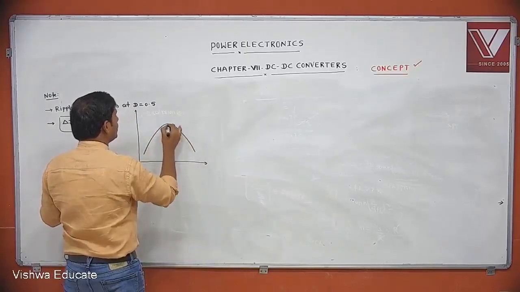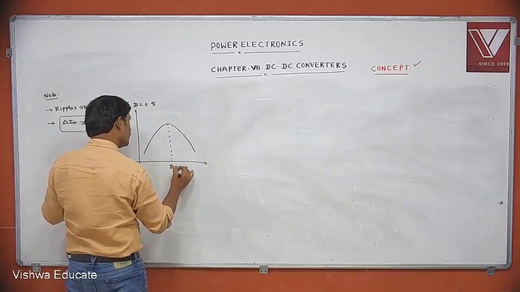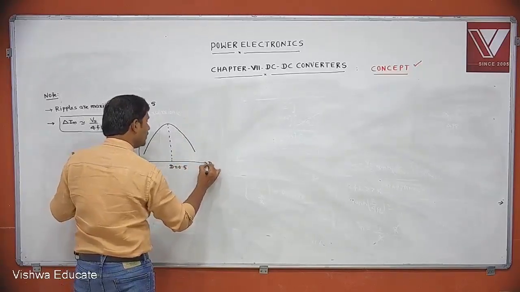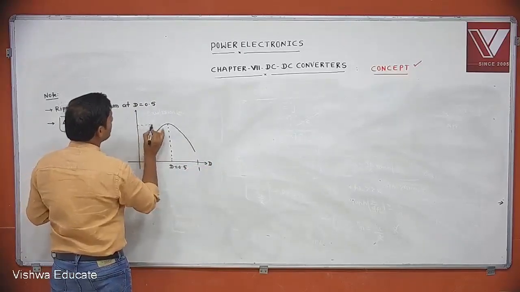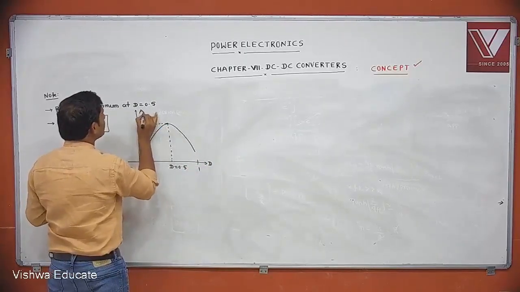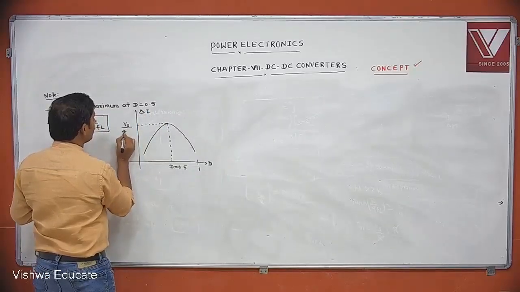At D equal to 0.5, ripples are maximum. This is duty cycle equal to 1. The maximum value of this ripple current, delta I, is Vs by 4FL.